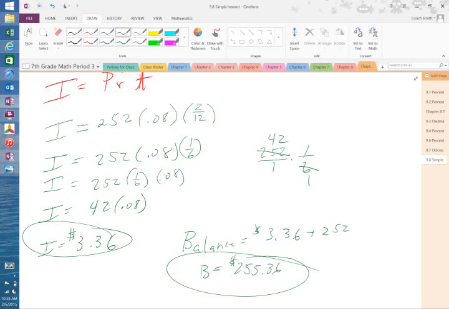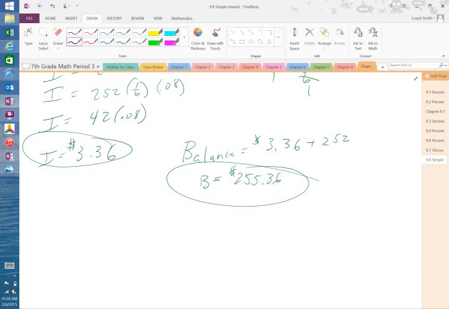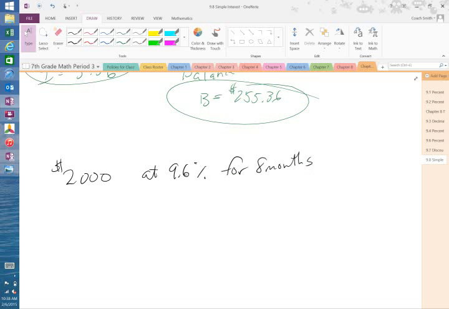Okay, all right. Let's look at another one. Number 11. They give us $2,000 at 9.6% interest for 8 months. So they've thrown a decimal percent in there, and now they've thrown another fractional part of a year.